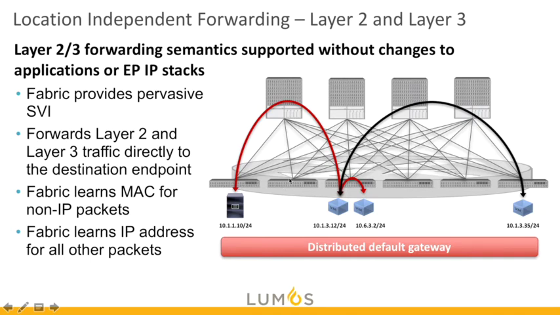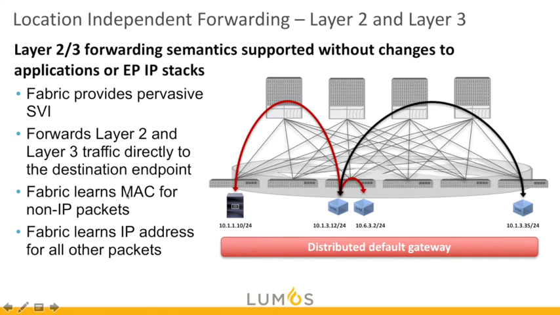If we did not have any ports configured for Coke on this leaf, we would not install that SVI. We would not install any forwarding entries, and that's sharding our forwarding table again. So the fabric provides a pervasive SVI for all leafs that need it, and forwards layer 2 and layer 3 connectivity directly to the destination endpoint.